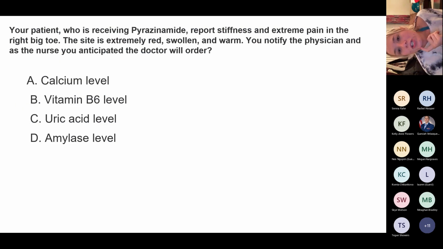Alrighty. Your patient who is receiving pyrazinamide reports stiffness and extreme pain in the right big toe. The site is extremely red, swollen, and warm.